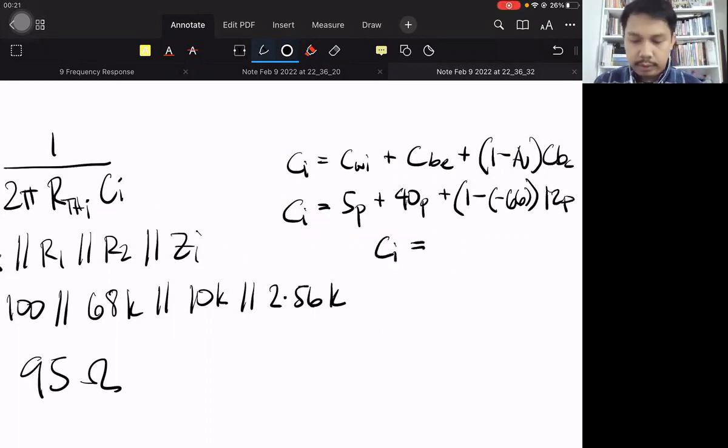So CI is equal to 849 picofarad. I hope that's correct.